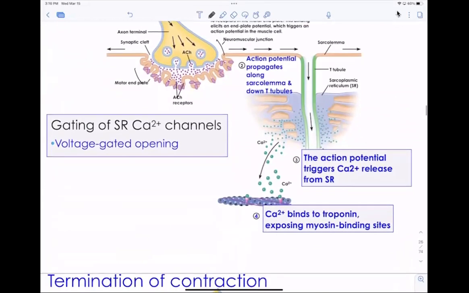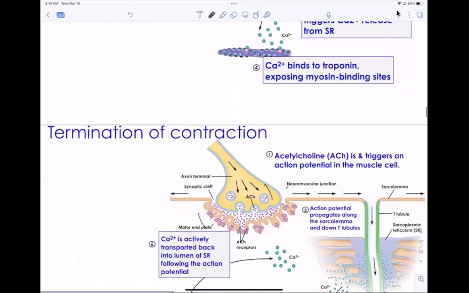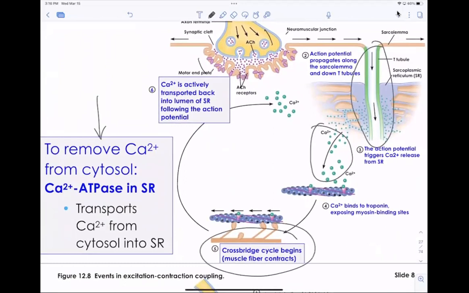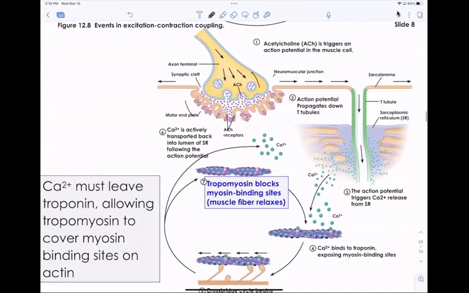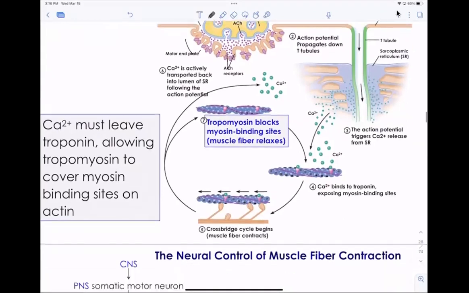And so again, this goes through voltage-gated calcium channels, calcium release, calcium binding, cross bridges. But remember, calcium is being actively transported back into the sarcoplasmic reticulum. So you have to maintain action potentials to maintain calcium out, to maintain cross-bridging. And so that's how the nervous system can also stop muscle contractions. If there's no more calcium because it's actively transported back, no more active sites are exposed, tropomyosin blocks the active sites, no more cross-bridging.